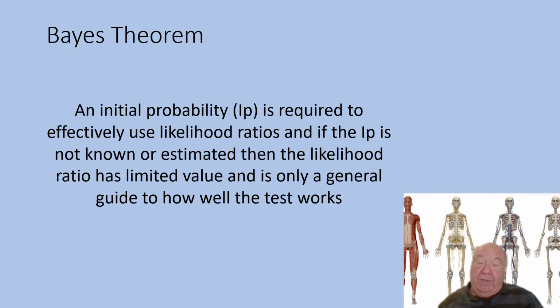Then your physical test will improve that and refine it. But going into applying the next test, you should have a good idea of how likely that patient is to have the condition, and then you can apply that to the likelihood ratio of the test.